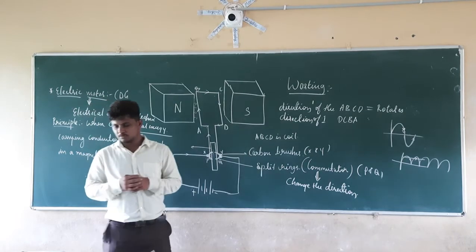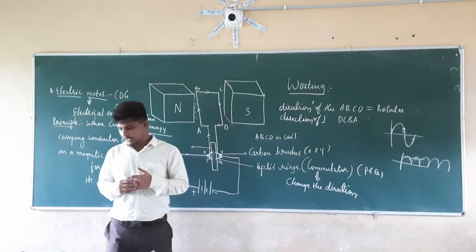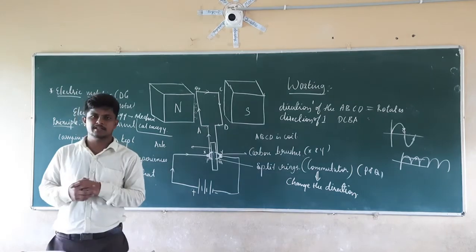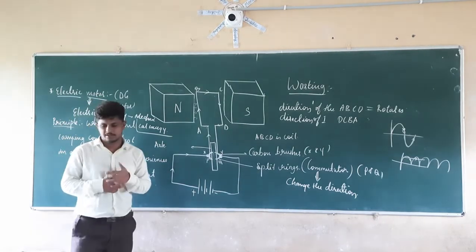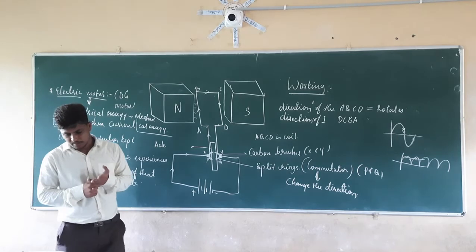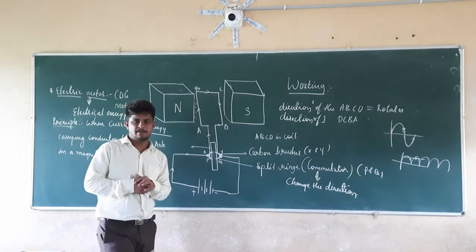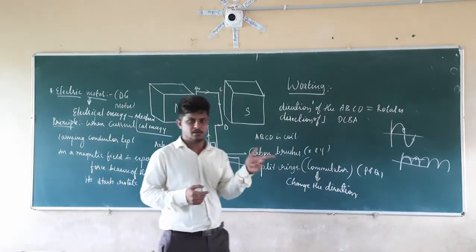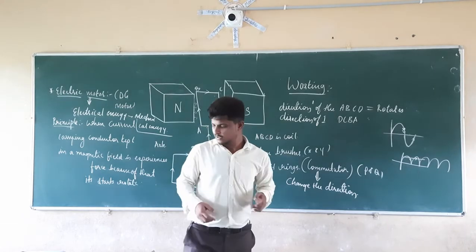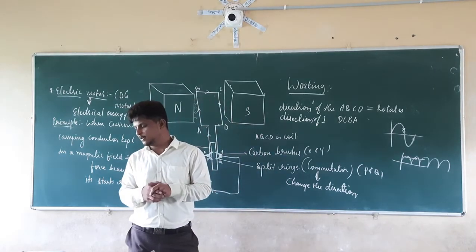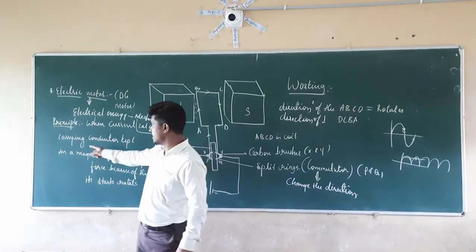Alright. On page number 233, related to this topic, they have given some in-text questions. The first in-text question is: state Fleming's left-hand rule. We know that, and we have to state it. The second question is: what is the principle of an electric motor? That is what I have written here.